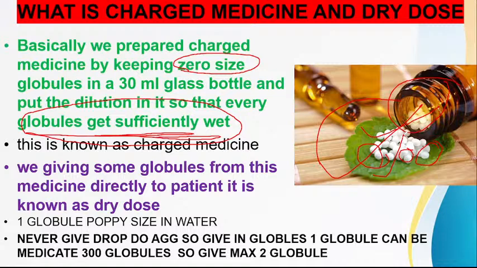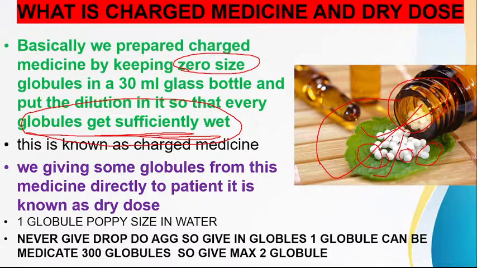Some doctors put one or two drops of the liquid dilution directly on the tongue. But that can cause severe aggravation in some cases, not in all. Many doctors practice only that method. Not every case gets aggravation, but some cases do aggravate with a direct drop of medicine on the tongue.